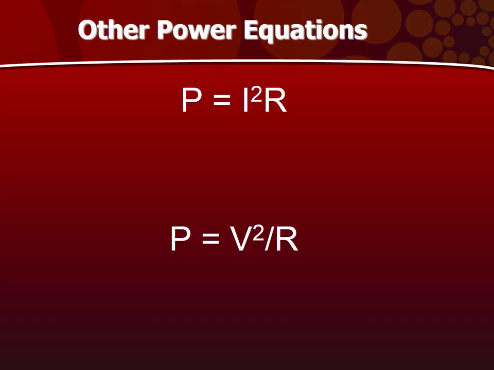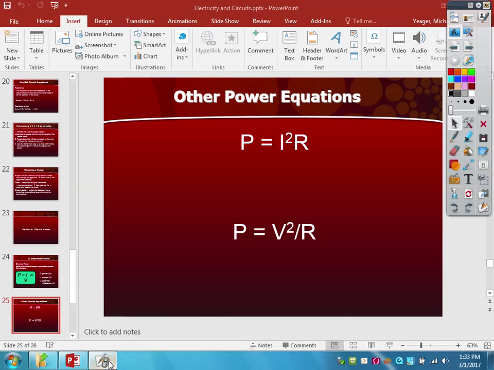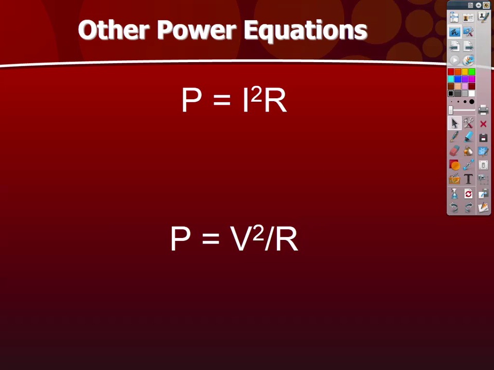There are other ways to calculate power. Again, the initial formula is P equals IV. I can replace V with IR, since V equals I times R. I don't use these formulas too much, but there are people out there that could say, I give you the current and the resistance, what's the power?